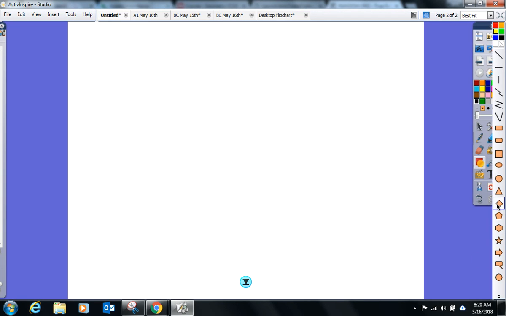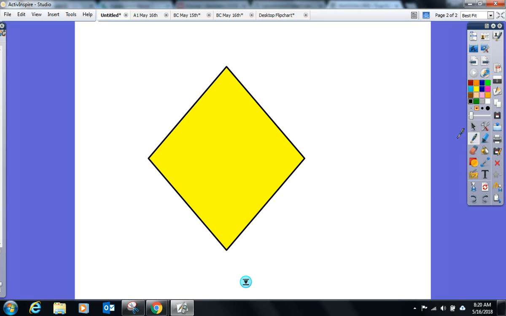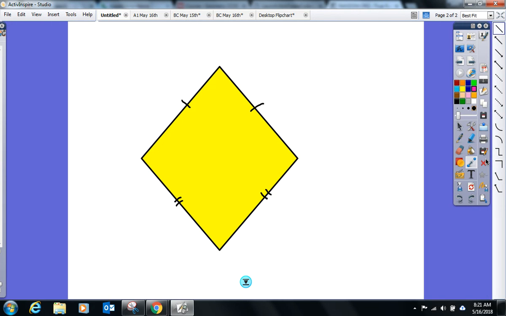Last thing I want, and this is not in the packet, and we did not talk about it this unit, and we haven't talked about it in a while. Properties of a kite, because you do have to find the area of a kite. So two pairs of adjacent sides congruent. What else? Anybody remember any other properties, Madeline? Okay, so let me draw in the diagonals right now.